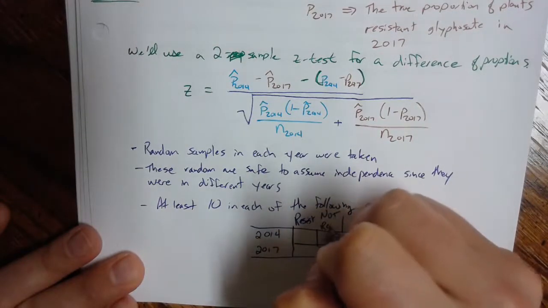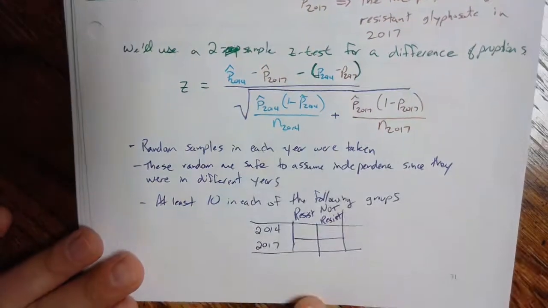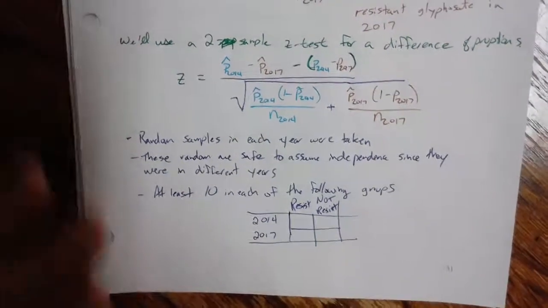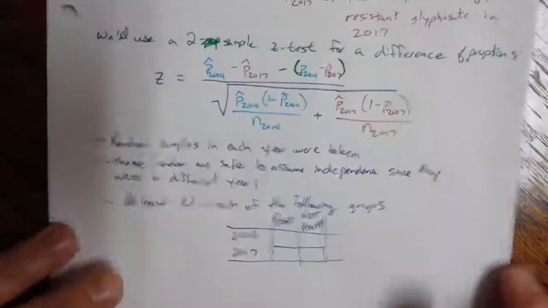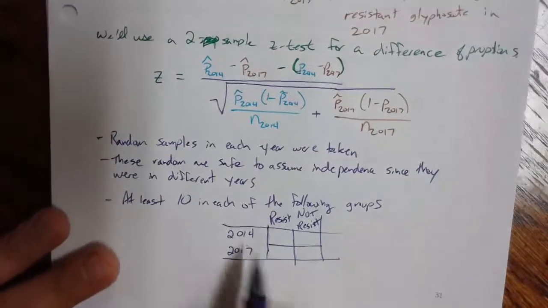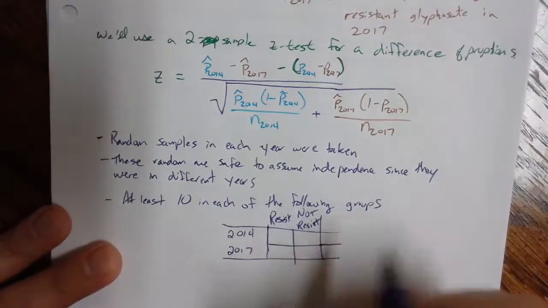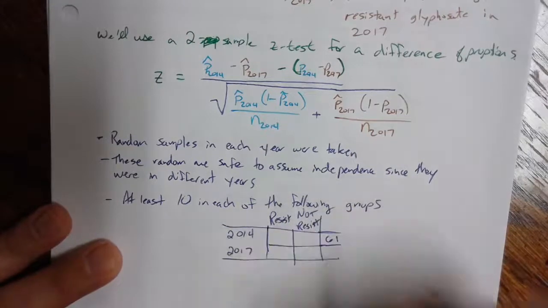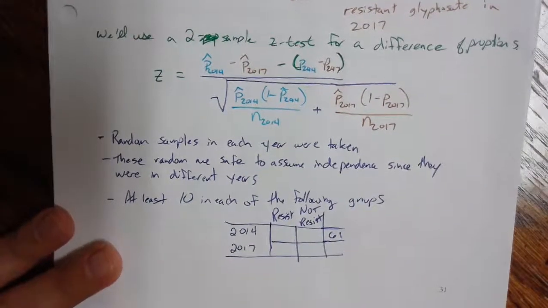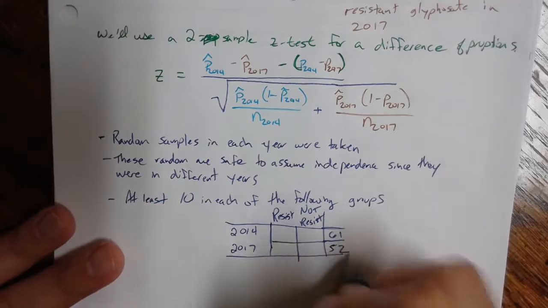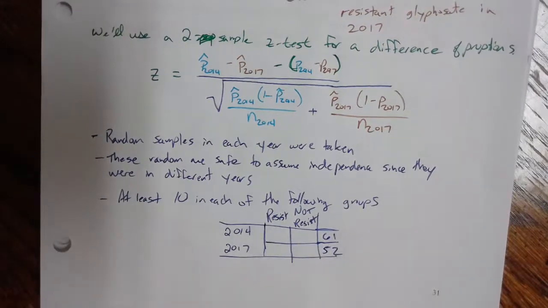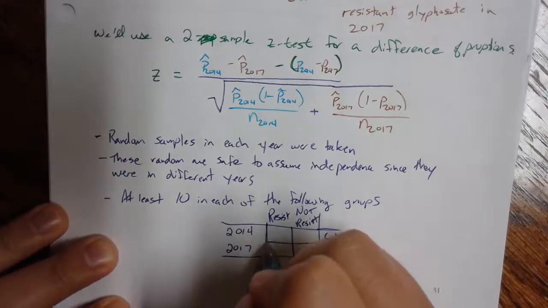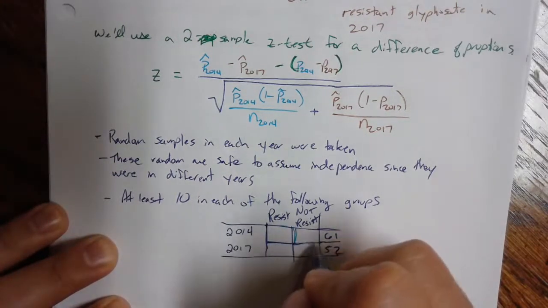And all I want to make sure that I show here is that I've just got a large enough sample. So we were told that there were 61 samples taken in 2014, and we were also told that there were 52 taken in 2017, and that's fine, but what we have to make sure is that the numbers within this chart, how this 61 was comprised, these are both bigger than 10.